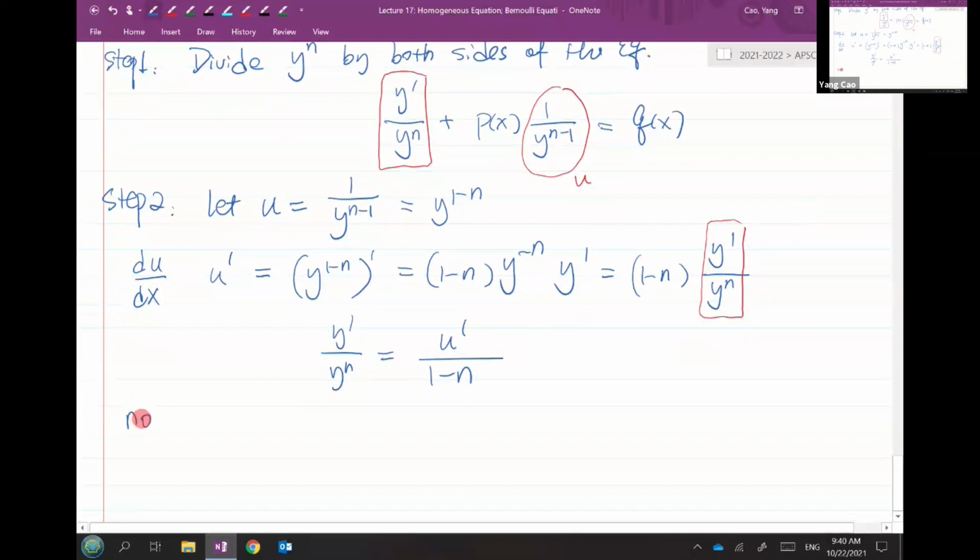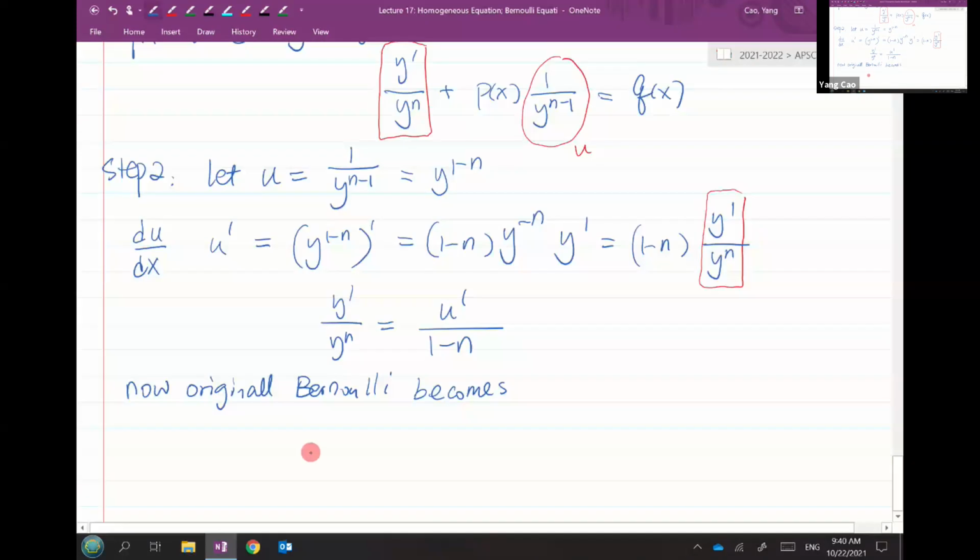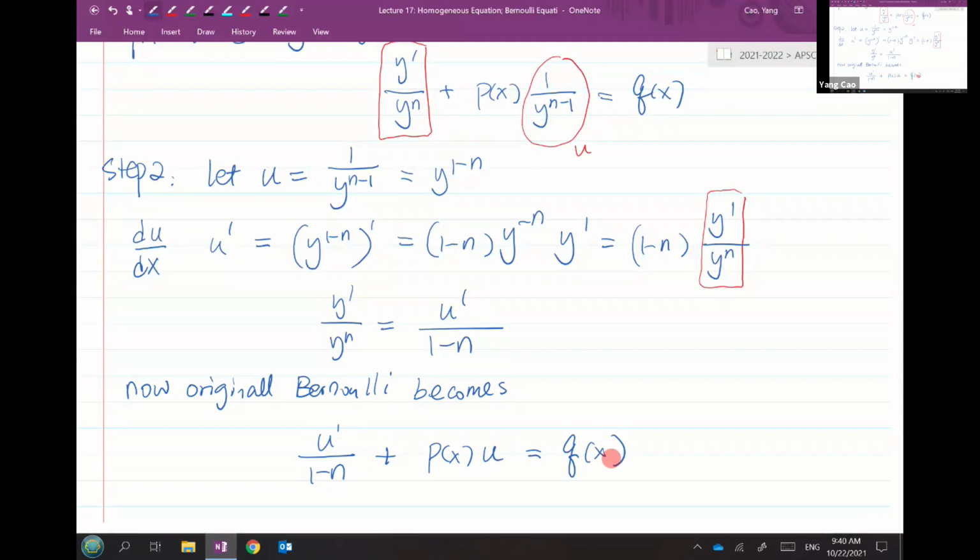So now this original Bernoulli equation becomes u prime over 1 minus n plus p of x times u equals q of x. Thus, the simple introduction of the variable u has transformed the original differential equation from in terms of y to now in terms of u.